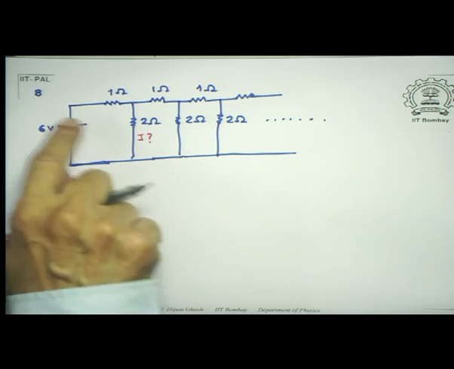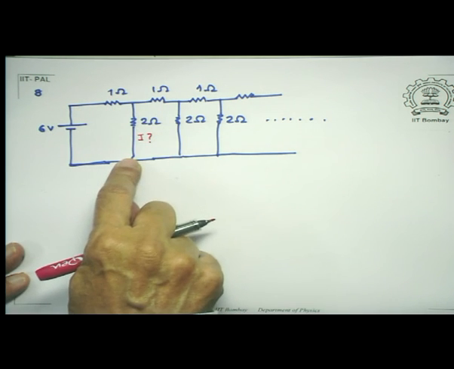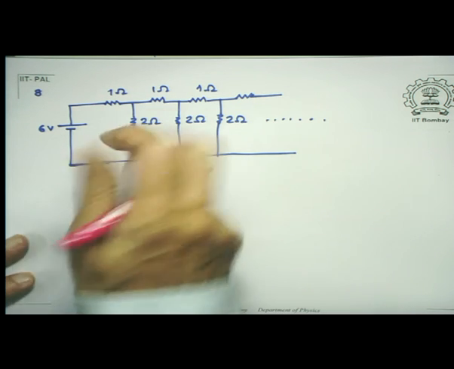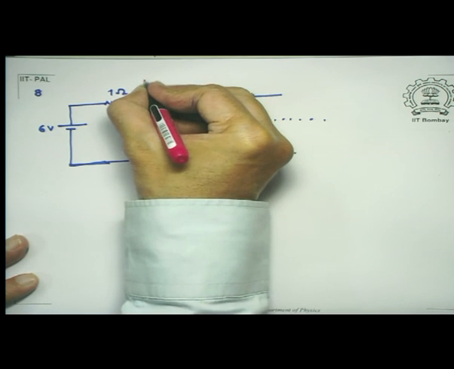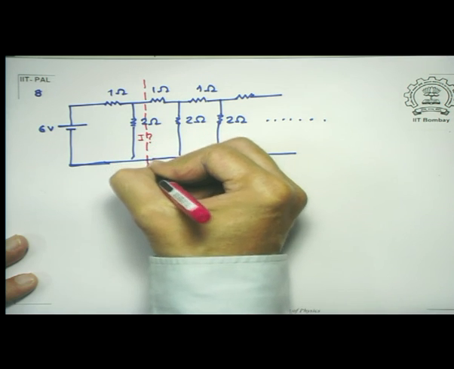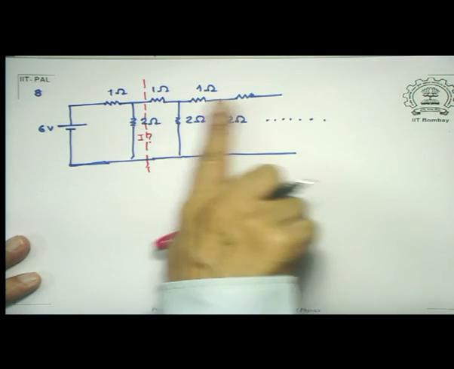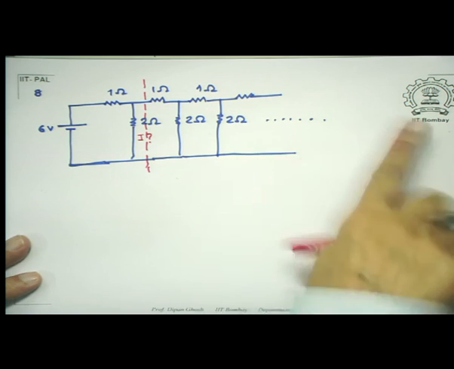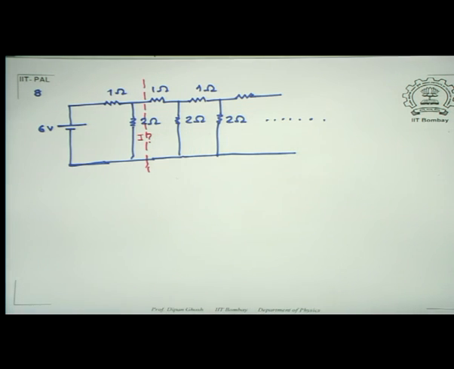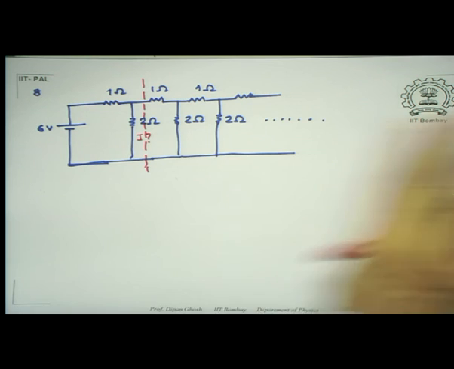Look at how this works. I have a resistance here and a resistance here. Now supposing I were to cut it here, then what remains is exactly similar, because I have said this is infinite. Actually I should use the word semi-infinite, because on one end I have kept it, but it is infinite that way.